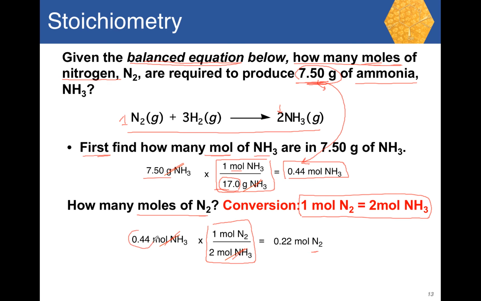Multiply 0.44 times 1 divided by 2 equals 0.22. So the conclusion is, we need 0.22 moles of nitrogen to give 0.44 moles of ammonia, and 0.44 moles of ammonia is really 7.5 grams of ammonia.